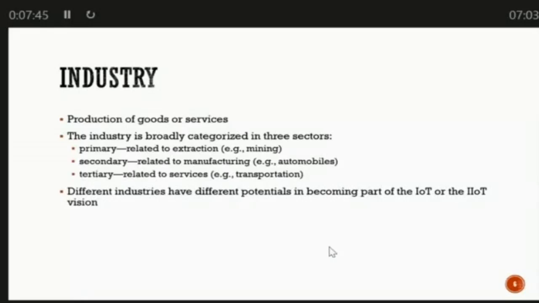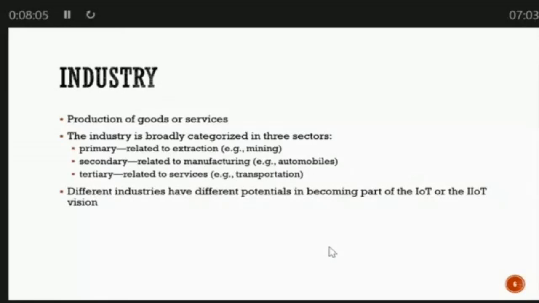That commute service is known as transportation. So this is the tertiary or third kind of industry. So these are the three types of industry. And all these three types of industries have different potentials in becoming part of the Internet of Things, which means industrial IoT. Is that okay so far?